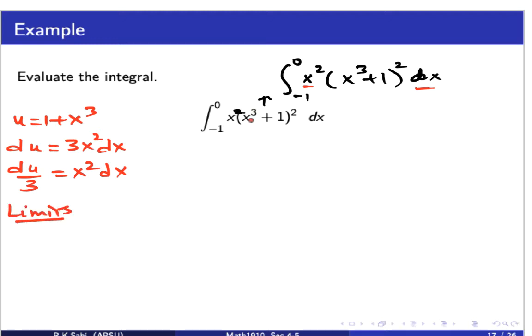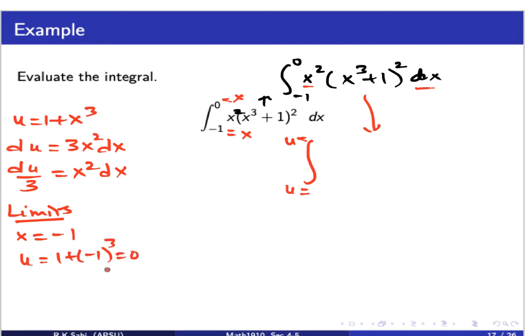So remember, this -1, guys, is for the x variable. This is for x. So in the new integral, what we are going to have is u equals something. So let's go back here. When my x is -1, what do you think u would be? It is 1 plus (-1) cubed, which is basically 0.